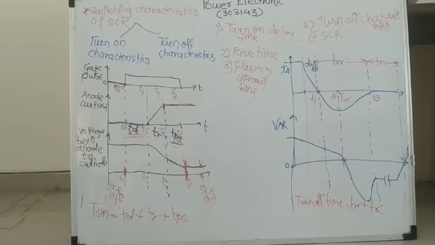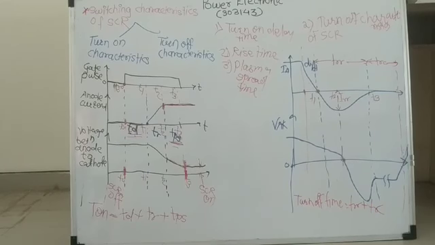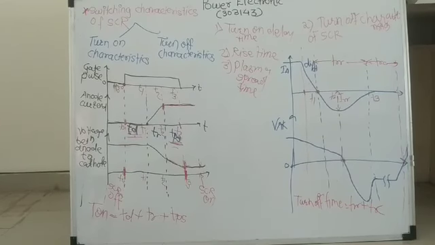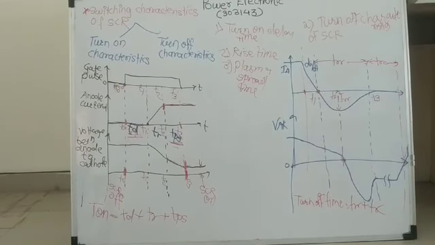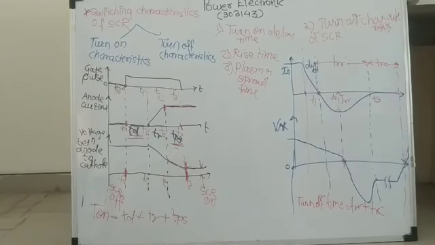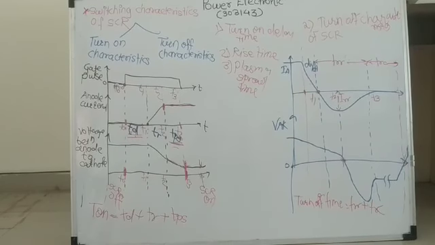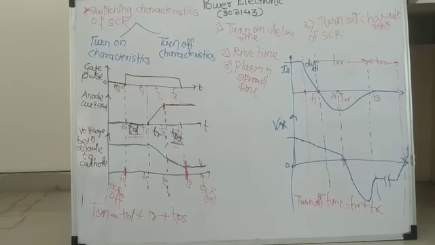Hence your circuit turn off time is always higher than the SCR turn off time. And when your circuit is completely off, only then is there no possibility of turning on the SCR. Hence first of all, we have to take care to completely turn off the SCR and the circuit. Okay, thank you.